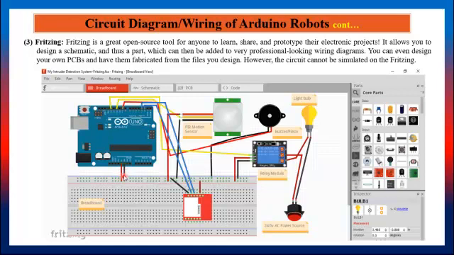The red from 5 volts was connected to the red rail, and the one coming from GND, which is ground, the black cable, was connected to the blue rail. That signifies negative, which is 0 volts, and the red is for 5 volts.